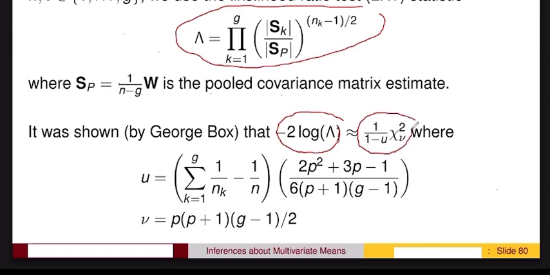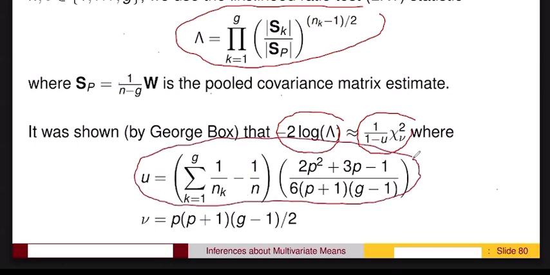We need a distribution to figure out the critical value, and don't forget, I need a critical value before I can take a decision using the test statistic. It is approximately 1 over 1 minus u, and this is the expression for u.